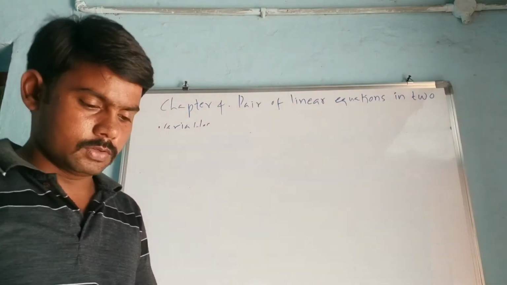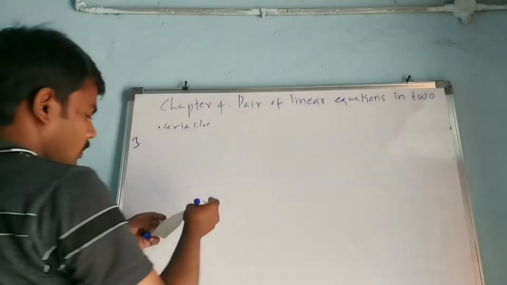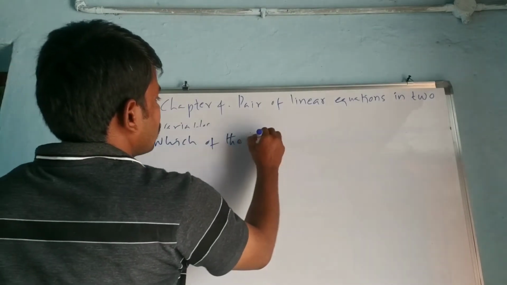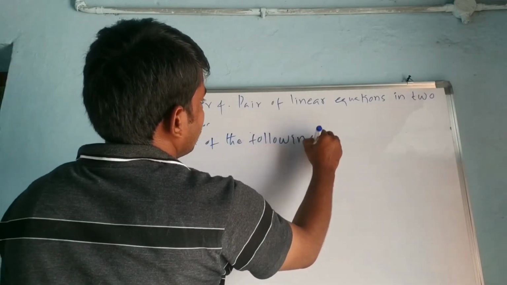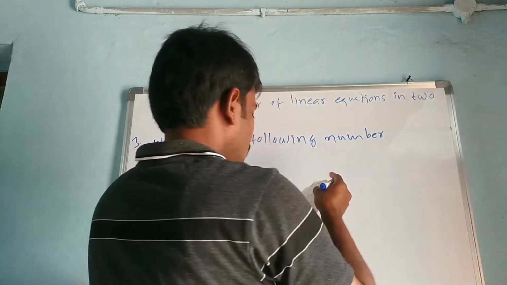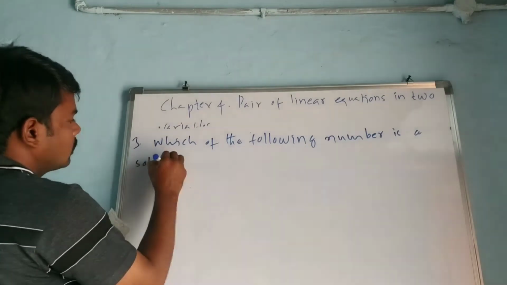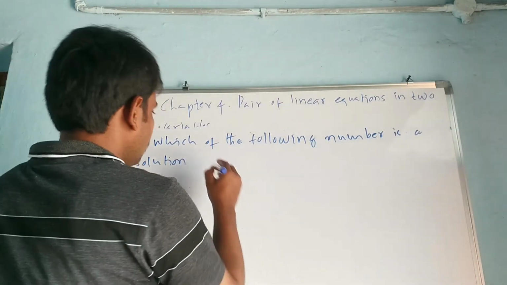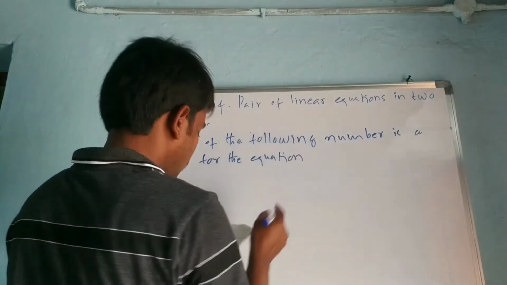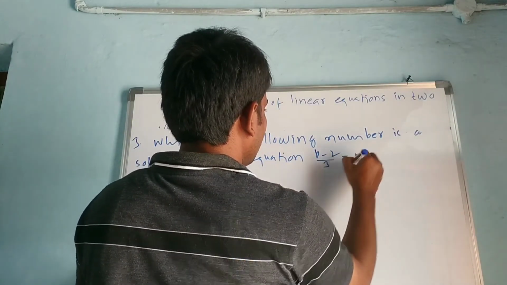Okay, third problem. My dear students, the third problem is: which of the following numbers is a solution for the equation p minus 2 by 3 is equal to 1?